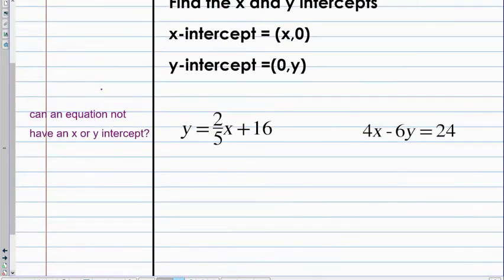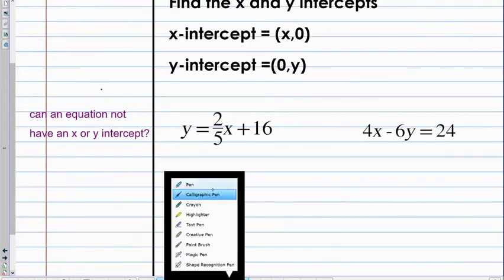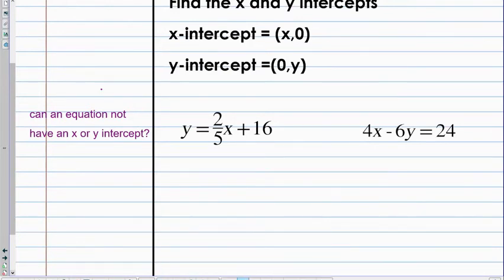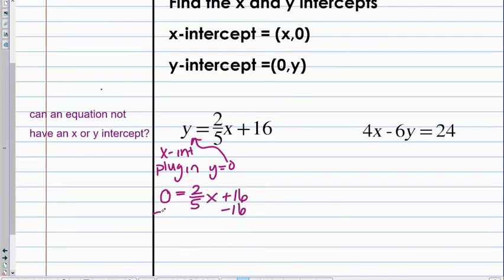So to find the x-intercept, let me get a pen here. You are going to plug in 0 for y. So right here, I'm going to say 0 equals 2/5 x plus 16. I'm going to subtract 16 from both sides.